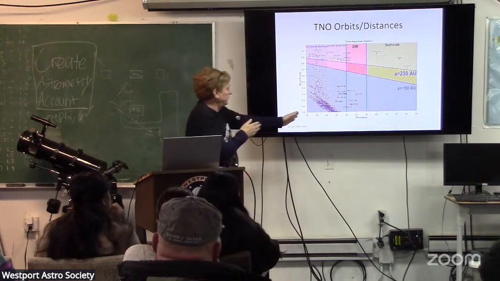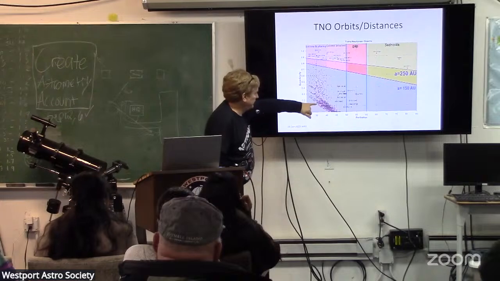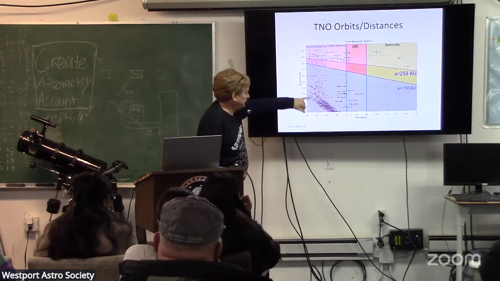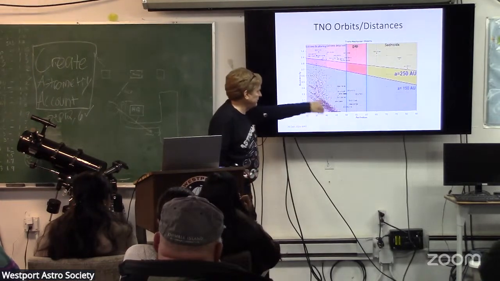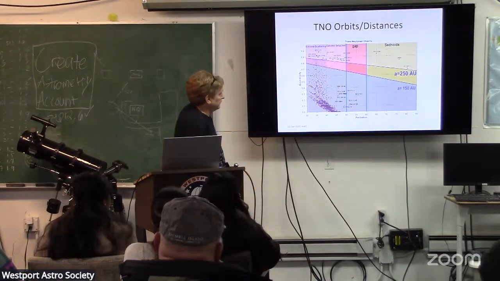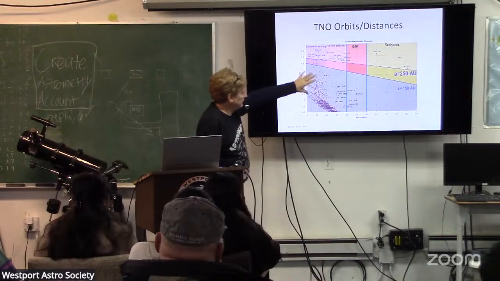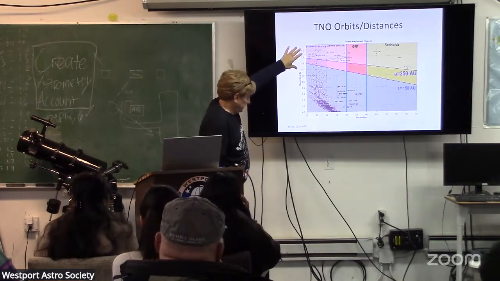We're starting here at 30, so basically at Neptune. Pluto is one of these purple dots here, somewhere in this region. The lower left band there is the Kuiper belt. And then there's a bunch of scattered objects in different portions of this space.